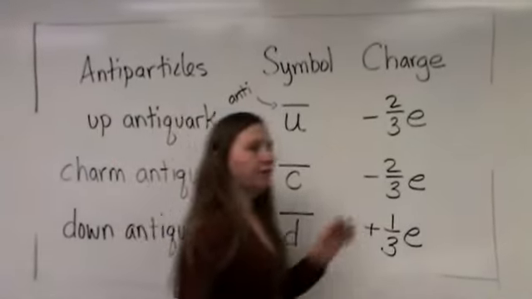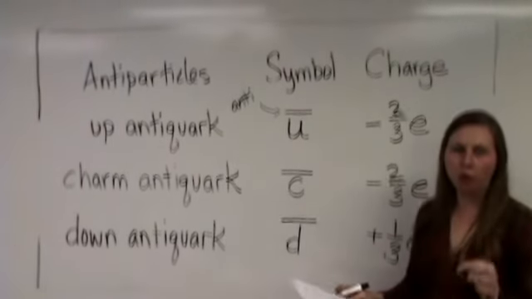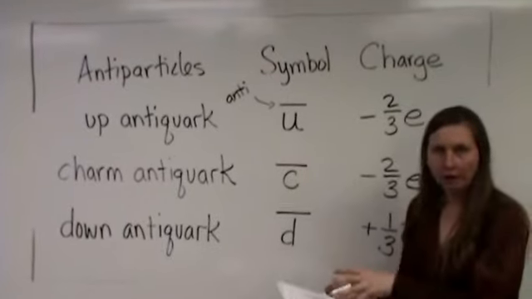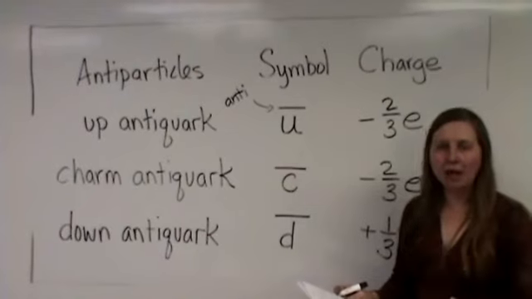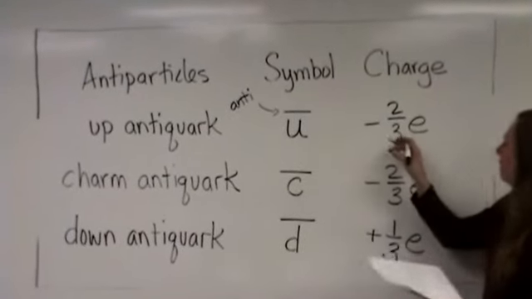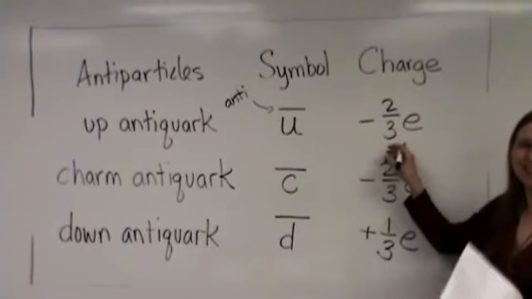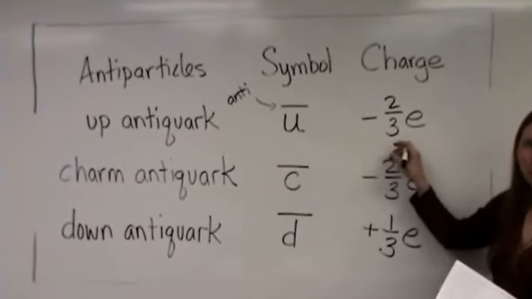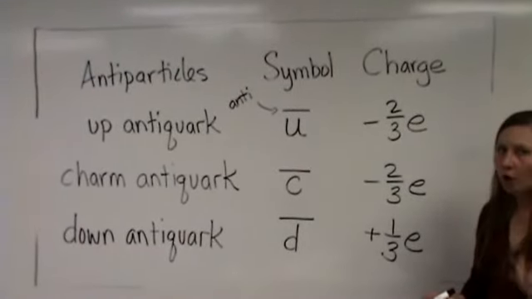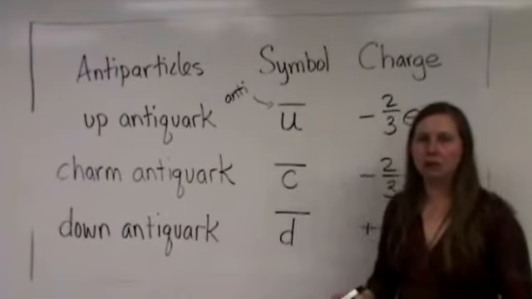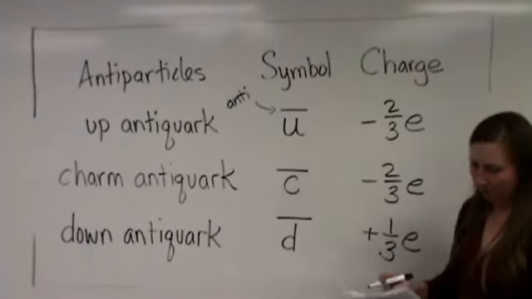So we can very simply figure out a lot of information about antiquarks using the chart. Even though it's not specifically there, we know that an antiquark has the same magnitude but opposite charge or sign as its corresponding quark, and the masses of the two particles would be the same. We don't often talk about the mass of a quark or an antiquark, but the masses would be the same.